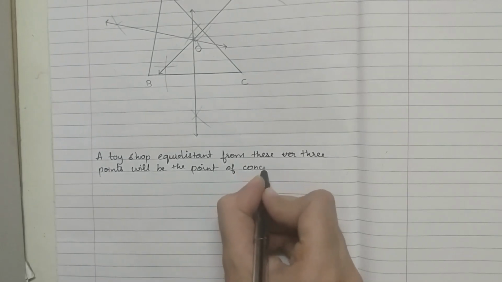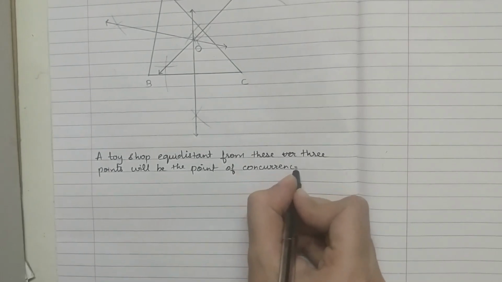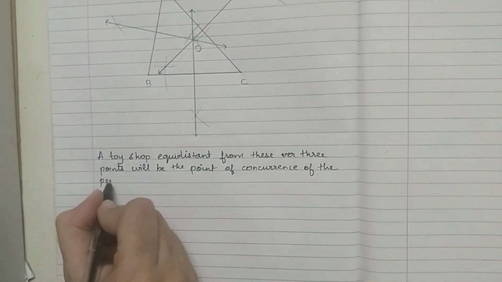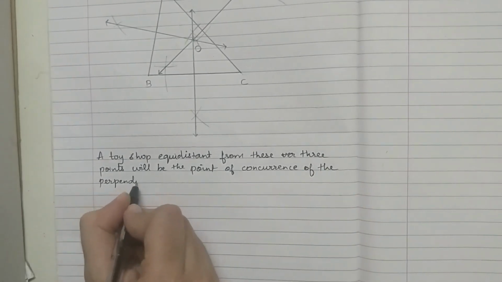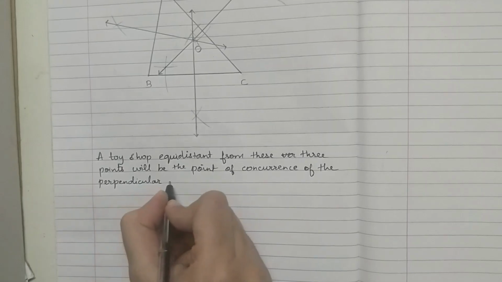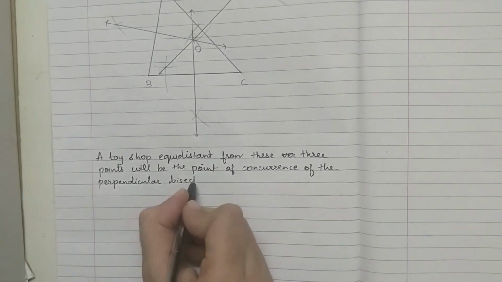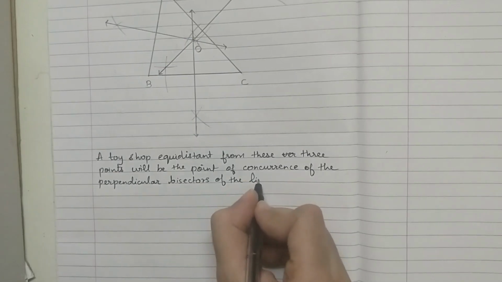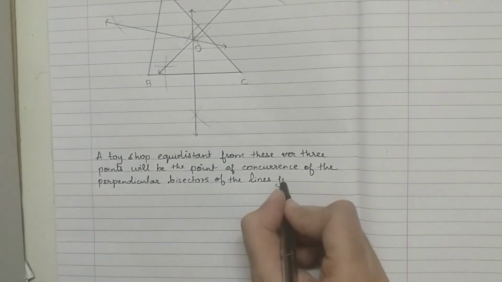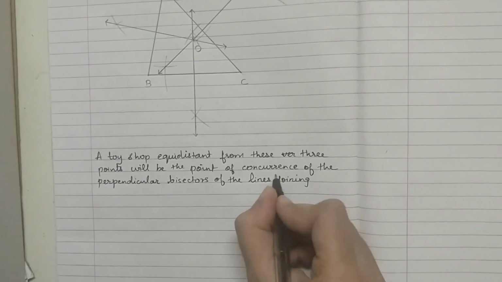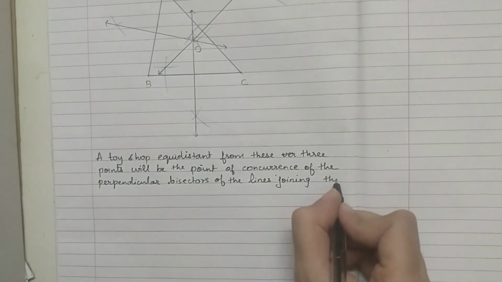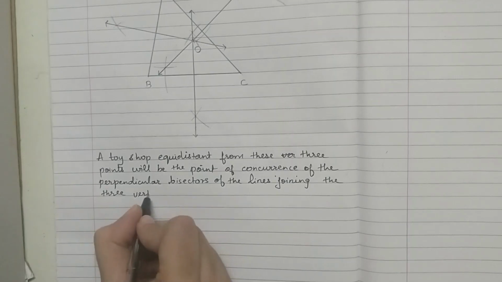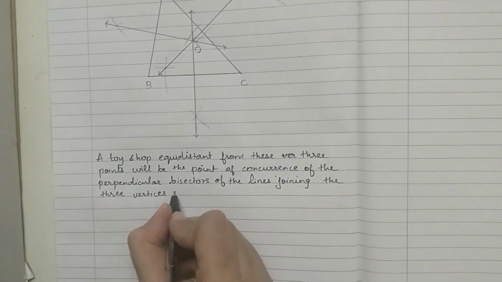Point of concurrence means where 3 or more lines meet at one single point. So it will be the point of concurrence of the perpendicular bisectors of the lines joining the 3 vertices of the triangle.